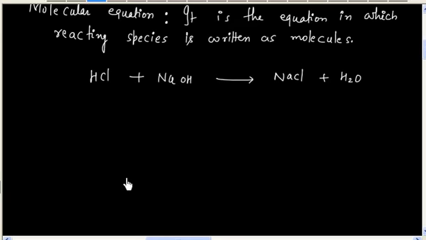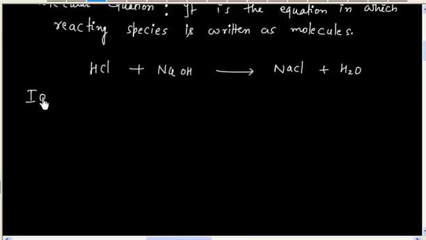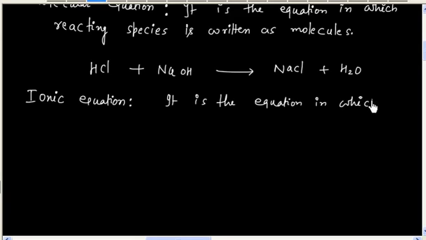We can also write Ionic equation. Now it is the equation in which reacting species is written as ions.